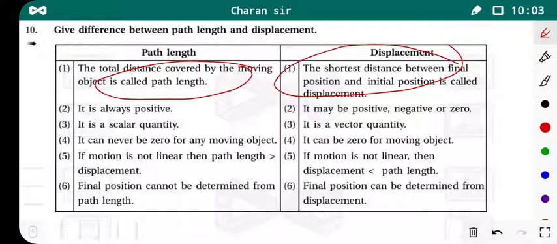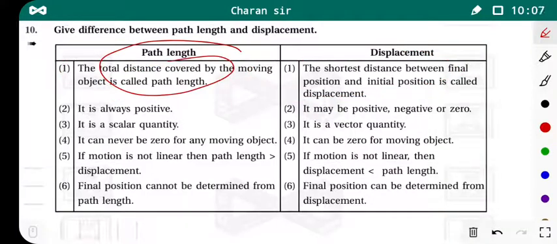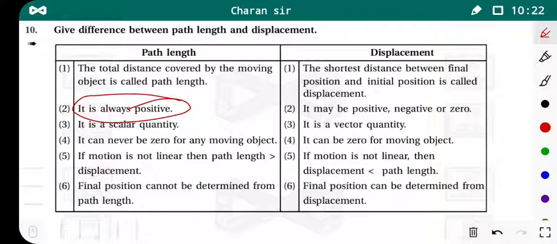Okay, path length is the total distance that the object covers during its motion, but displacement gives the shortest distance between the final position with respect to the initial position. Then path length is always positive, because if the direction of motion changes, you cannot take negative signs with magnitudes.